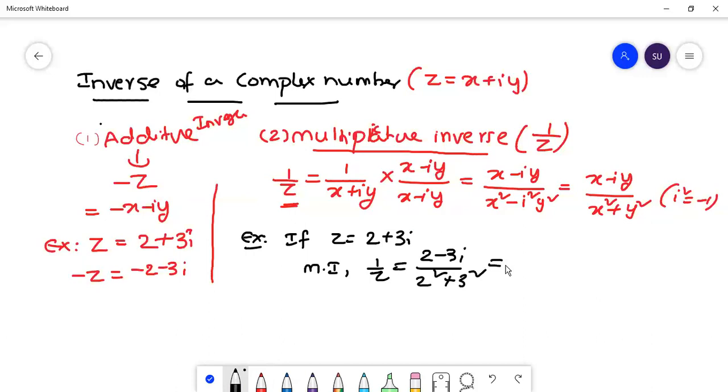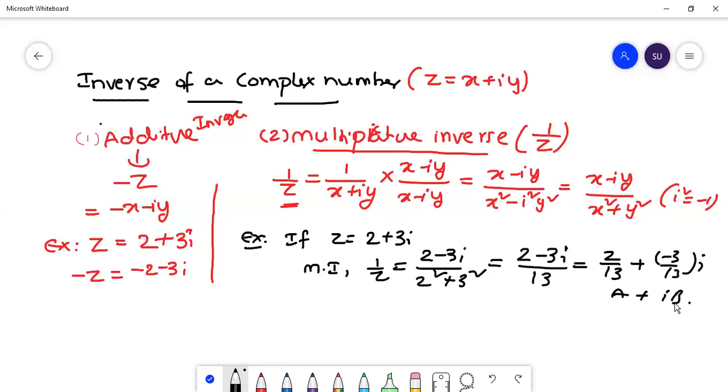You can directly write like this, or in the same way you can take rationalizing factor. Anything is okay. So 2 minus 3i by 2 square 4, 3 square 9, that is 13, which is equal to 2 by 13 minus 3 by 13 i. Now it is in the form of a plus ib. So this is called multiplicative inverse.